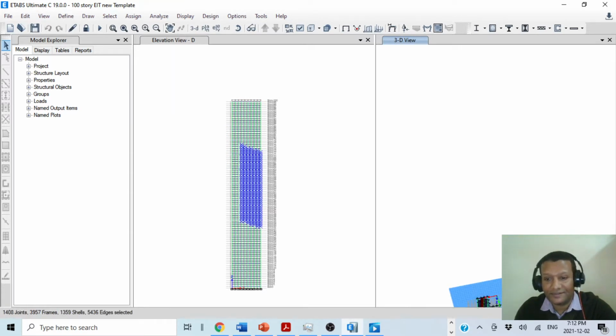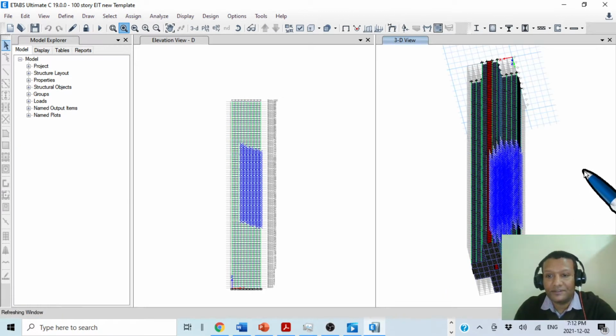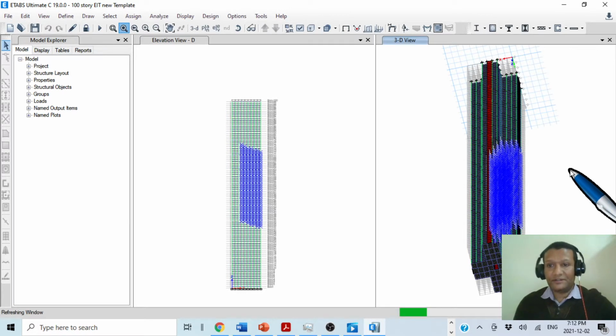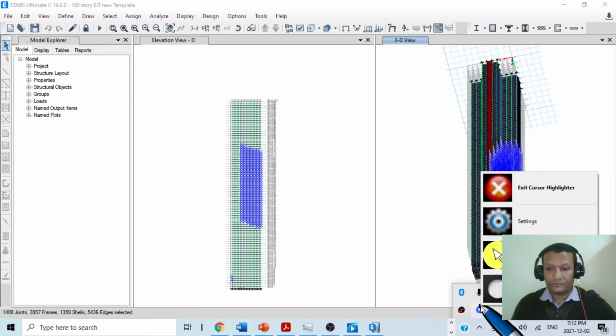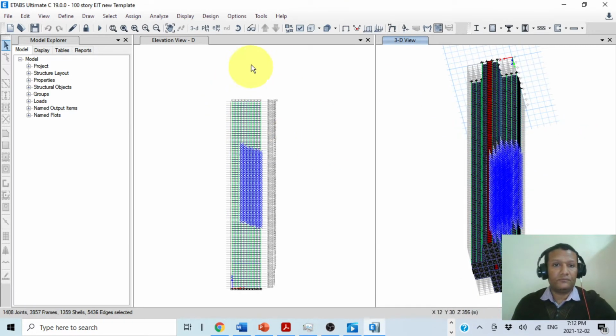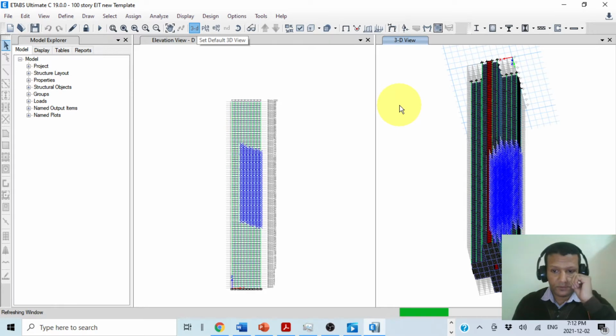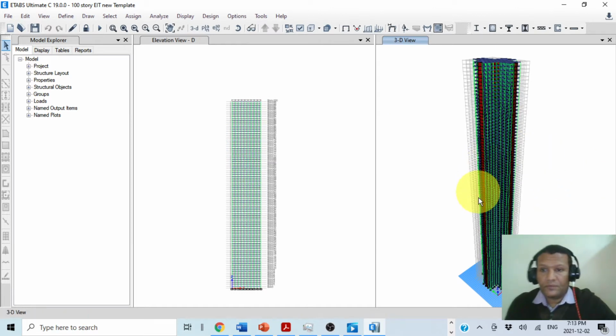Sorry, because it is a 100 story building, it needs memory. Okay, so this is the 44 story building.